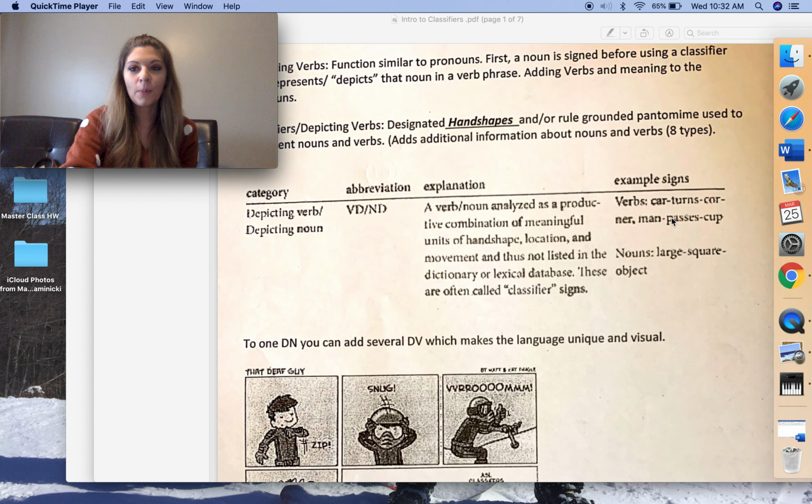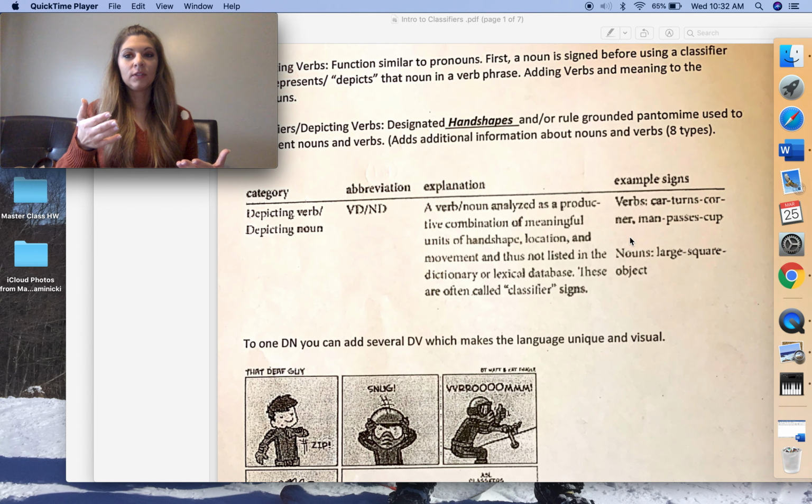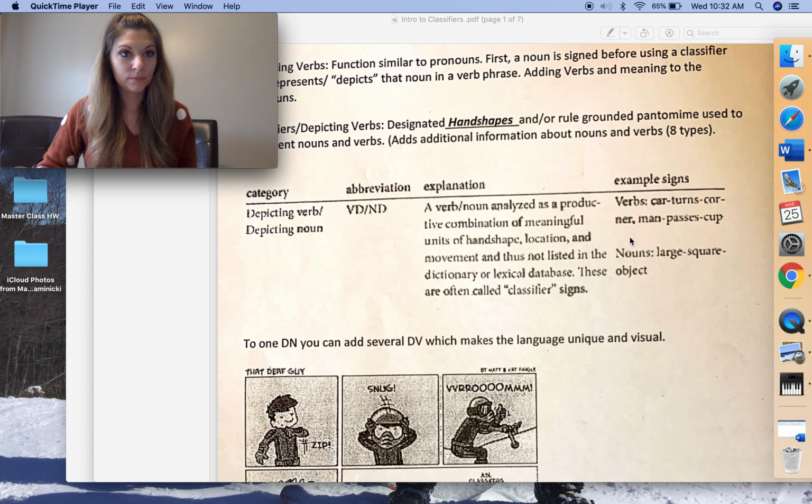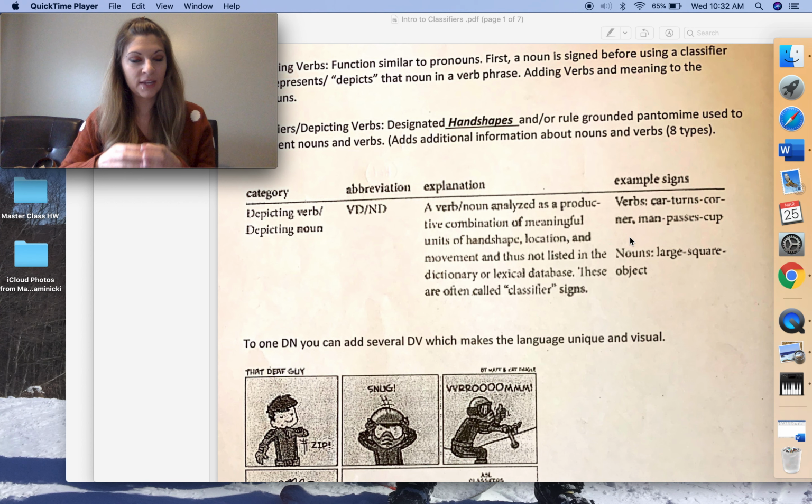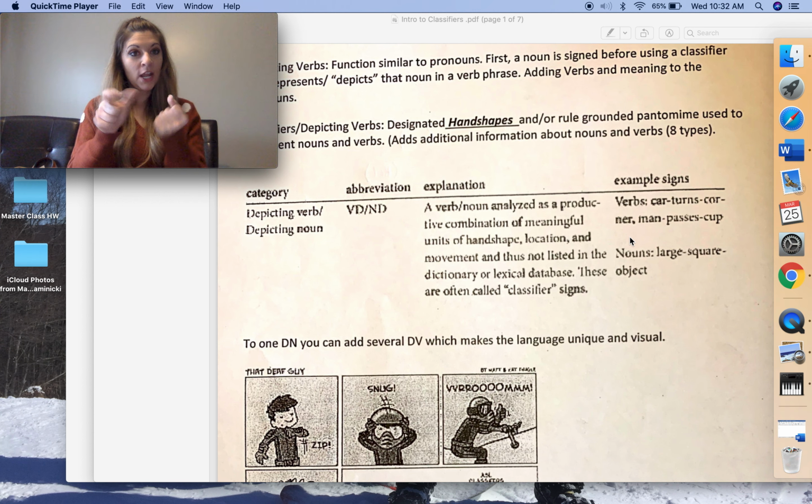So for example, the whole verb phrase is that the car is turning a corner. Okay, so the lexical words that you would find in a dictionary are car and turns and corner. But that's not visual, and that's not the point of ASL.